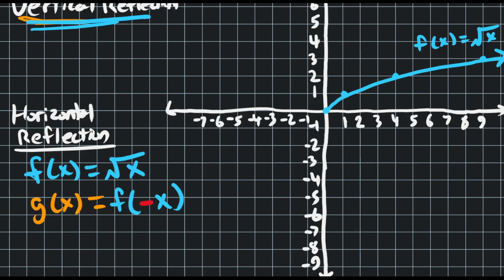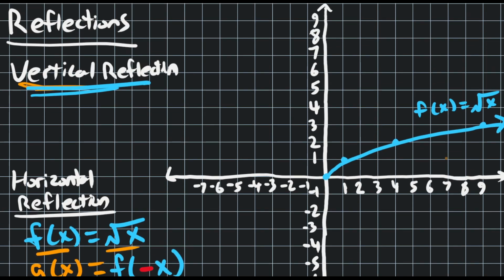Okay, so what is f of negative x? What is the formula for that? Well, we know that f of x is radical x, so f of negative x is radical negative x. Good. Now, how do we graph this? How do we reflect f of x right here in blue across the y-axis?